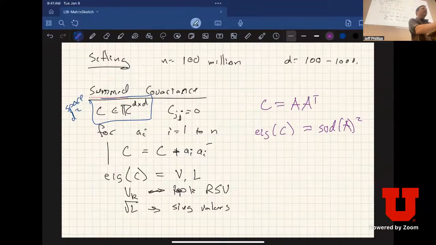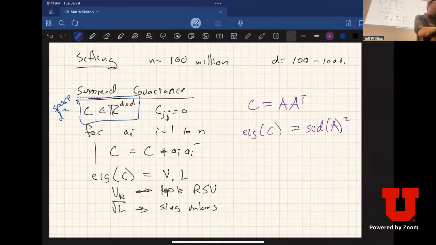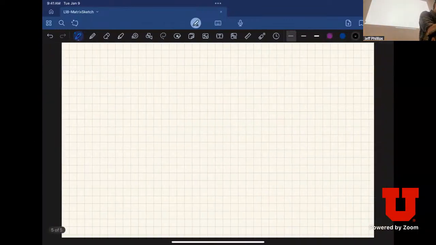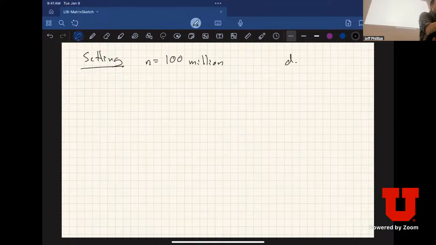Okay. If d is bigger, the next setting we want to think about, again, we're going to have n equals something like 100 million, and d is now going to be equal to, let's say, 10K to 100K. And I don't want to store d squared. D squared is going to be too painful to store.